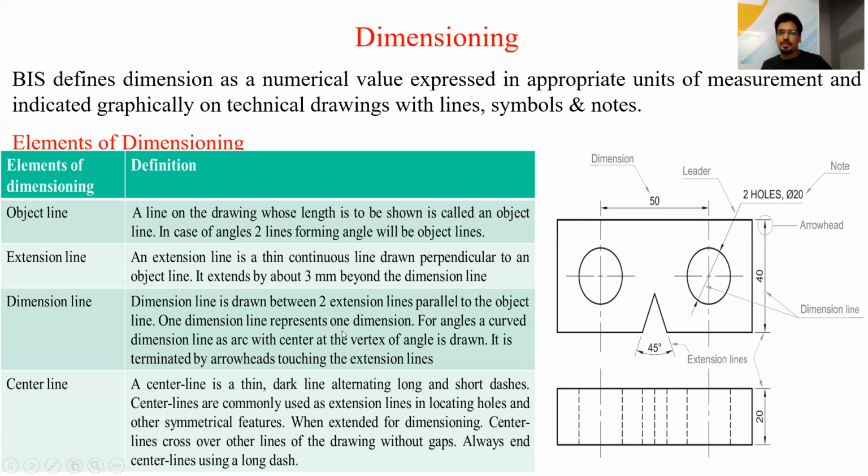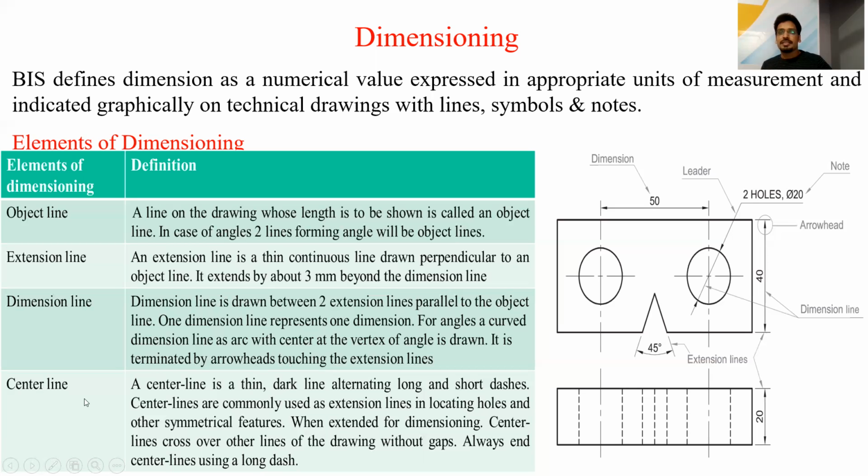One dimension line represents one dimension. Only one dimension is given to one dimension line. For an angle, a curved dimension line, an arc with the vertex of the angle as center, is drawn. So let us suppose we have to give the angular dimension of this line and this line. So we have to draw a curved dimension line.